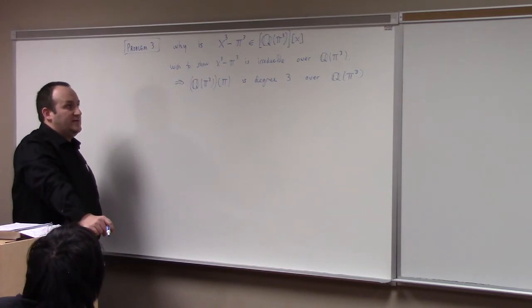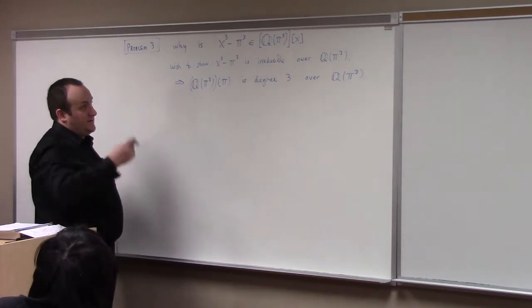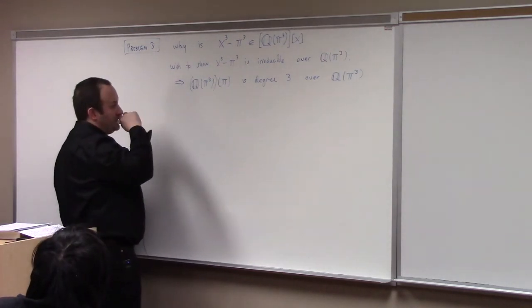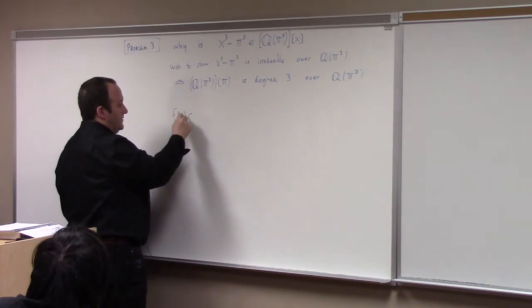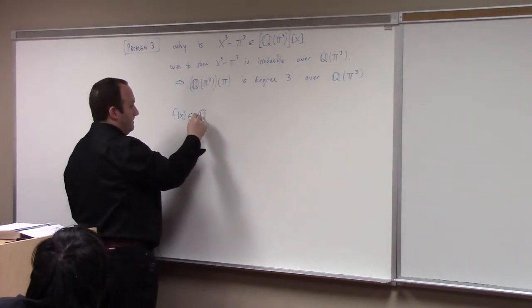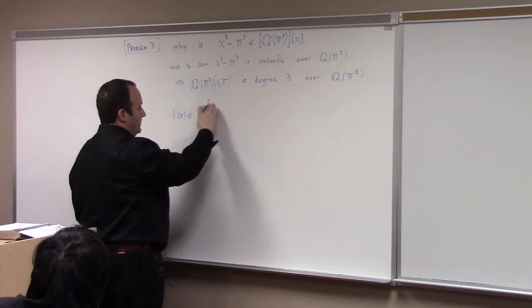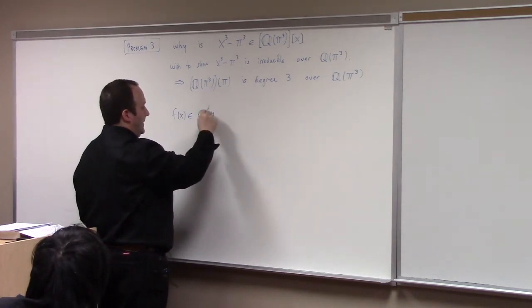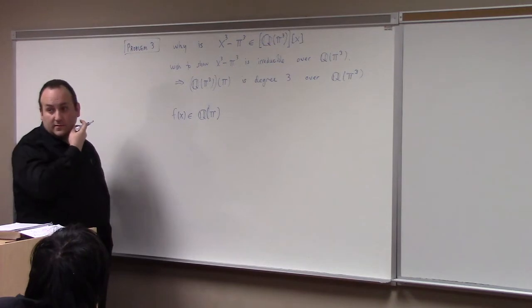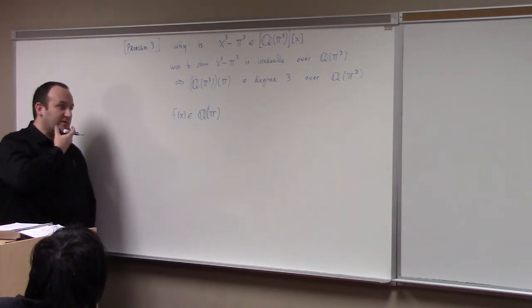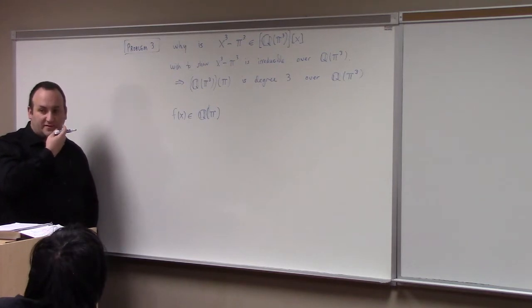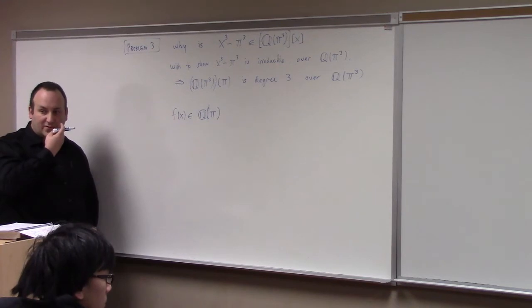No, I mean, what I did was I looked at f of x in Q adjoin pi. So f of x in Q adjoin pi is a polynomial whose coefficients are essentially power series in pi, with no notion of convergence, of course, just formal power series in pi.